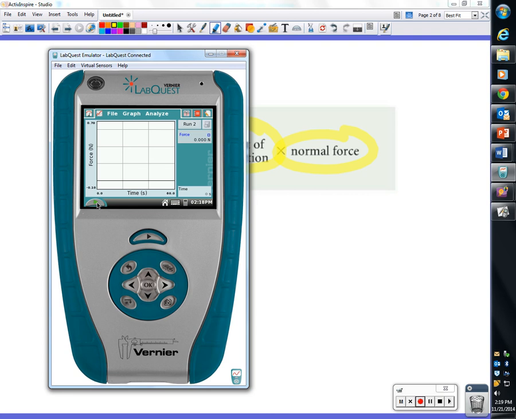Okay? Here we go. We're starting off, force fairly consistent around 0. We see some jumping because the scale is a lot smaller here. But I'm going to pull it at a constant velocity, a faster constant velocity than I did the first time. Ready? Here we go.